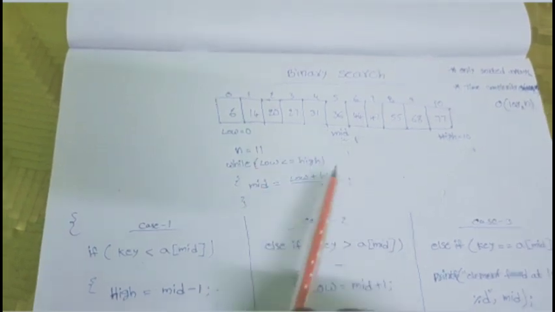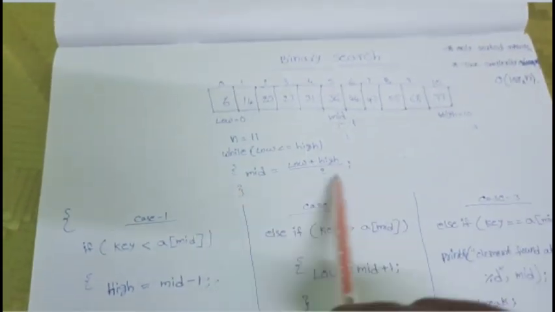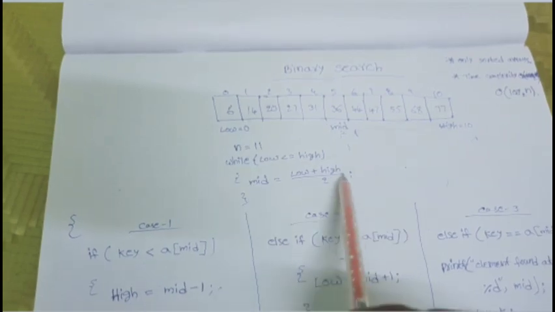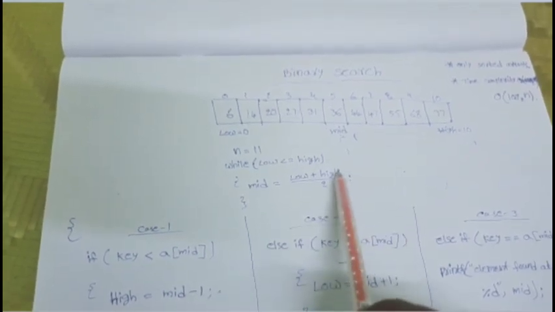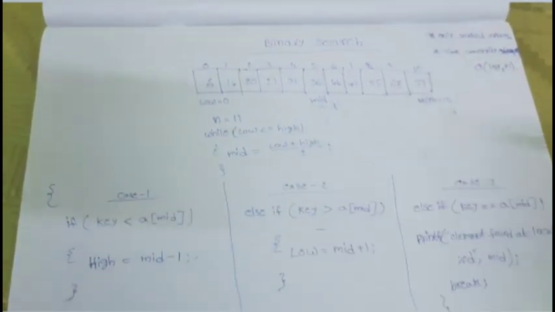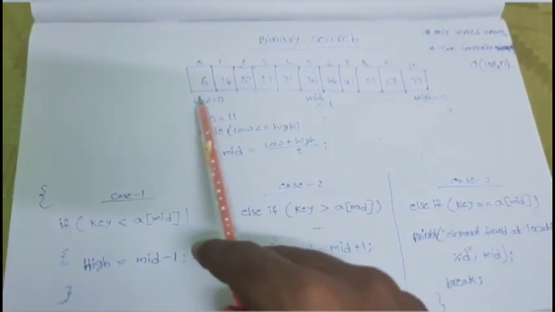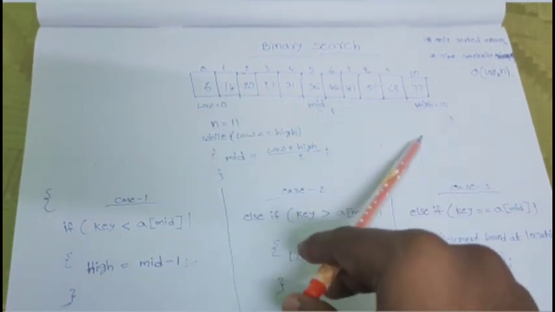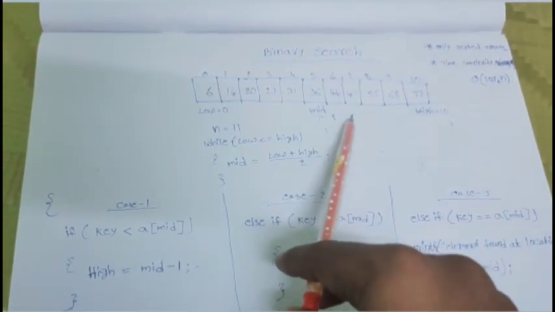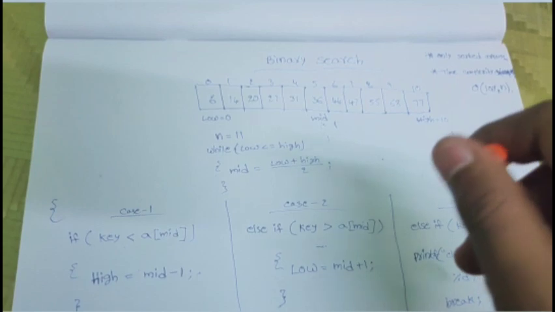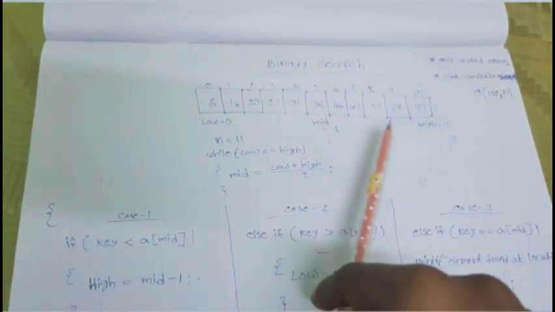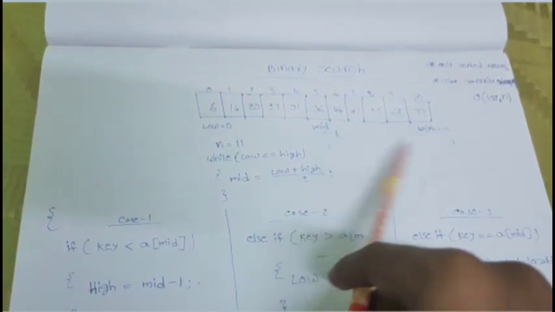So by using this mid value, we are going to find our required key element. Definitely our required element will be present from low to high if the element is present in the array. Otherwise, at last we will print that the required key element is not present in the array.